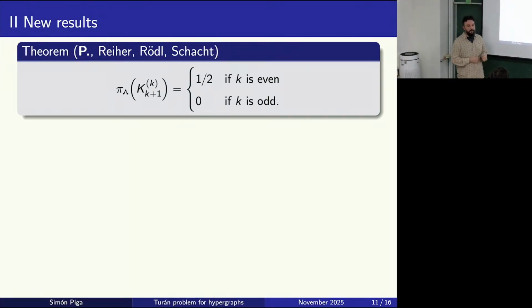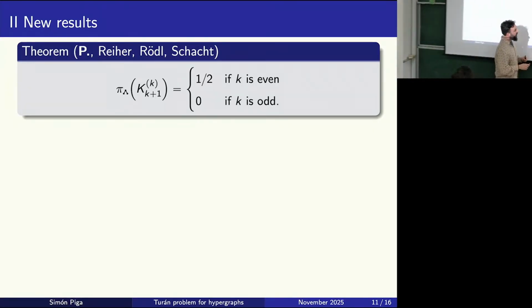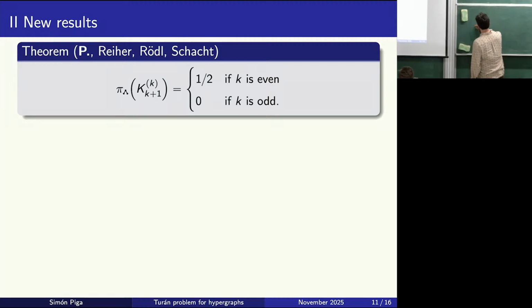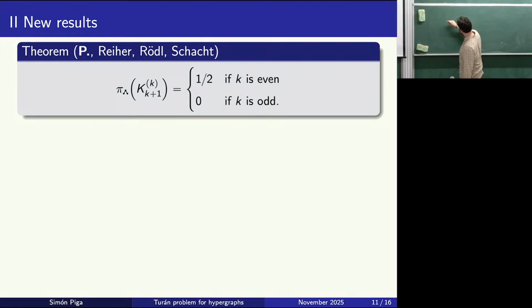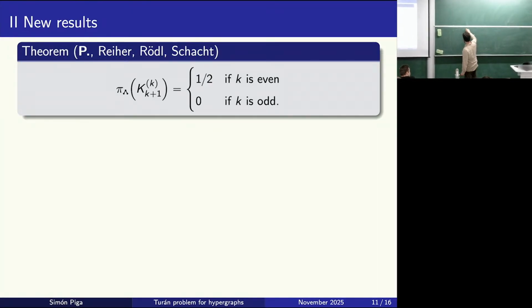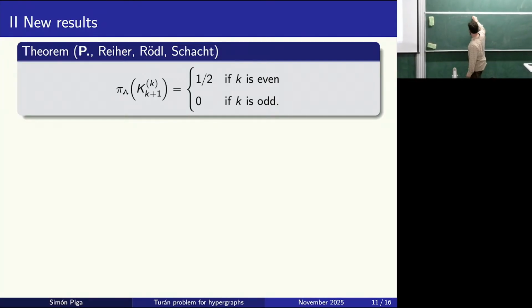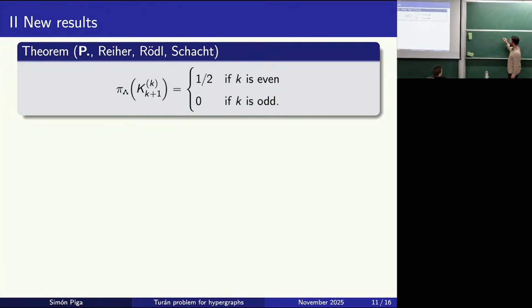So for example, for 4 uniform hypergraphs, you take a vertex v, and in the 3 uniform link, we will assume we get the triangle density.